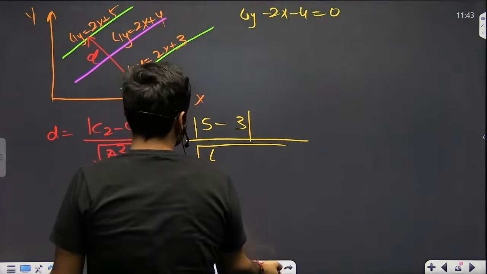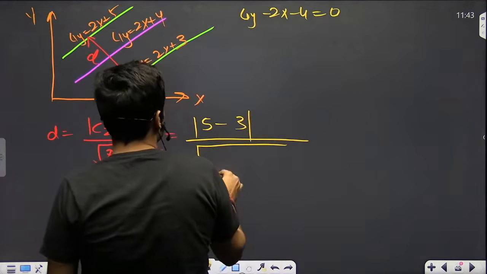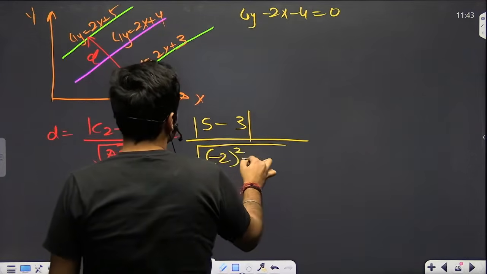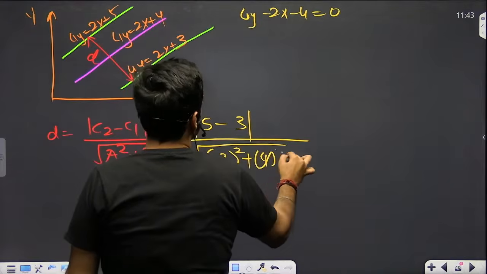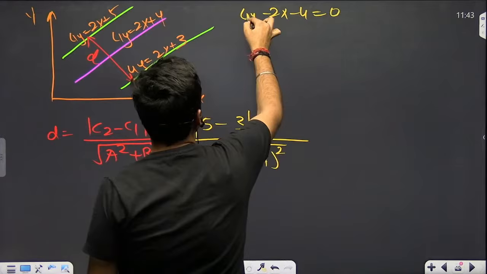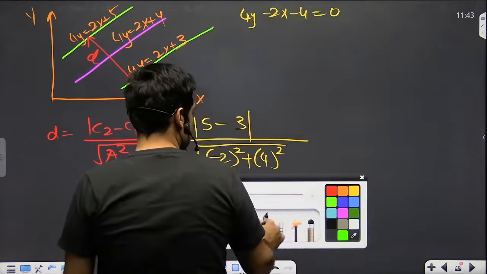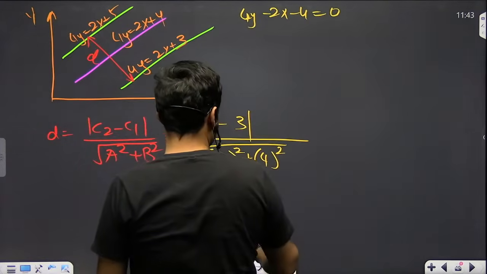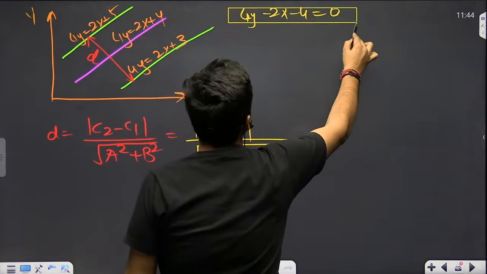So a square plus b square: what is a square? Minus 2 square, and what is b square? 4 square. So this is how I'll be calculating.